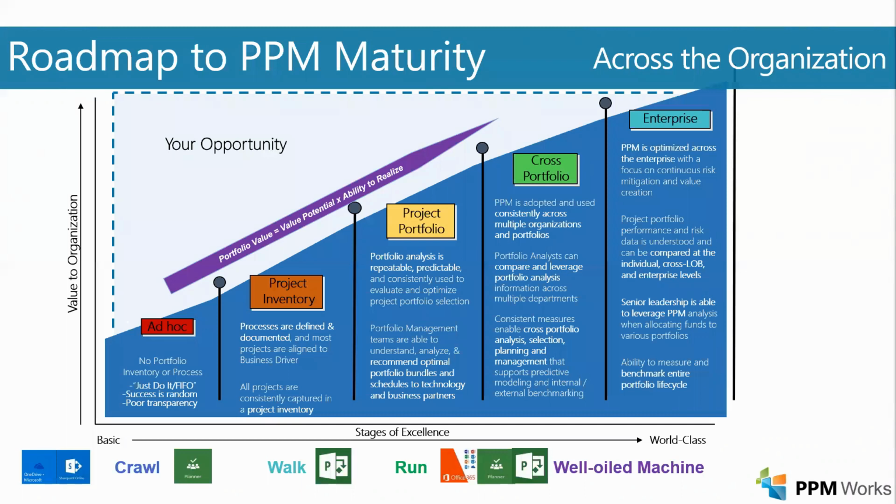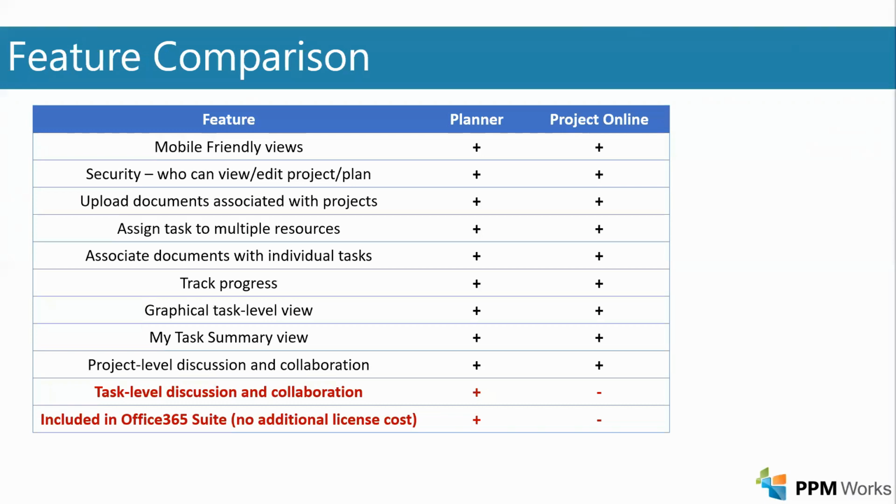In terms of helpful slides, this is another one. These next two, I think the feature comparison is really handy. You can see here on the first slide, really not a whole lot of difference between Planner and Project Online. They all have mobile-friendly views, security, the ability to upload documents, assign tasks, and so forth, track progress, graphical task-level views and summary views.